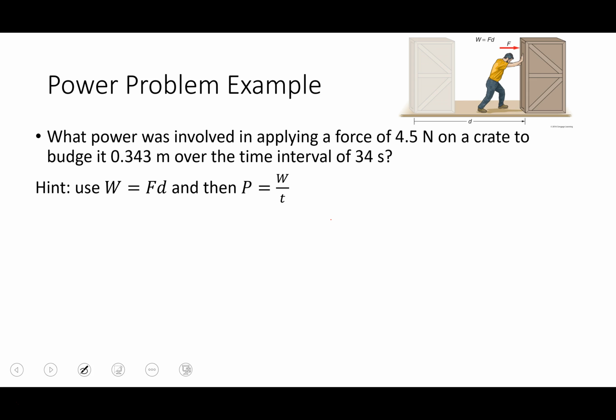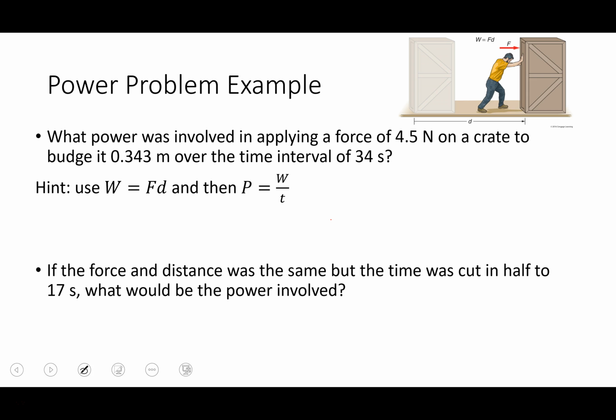Yep, and I have in my notes, you need to be able to, given force and distance and time, calculate power. So remember that power is work divided by time, and here work is force, which is 4.5 newtons, times distance.